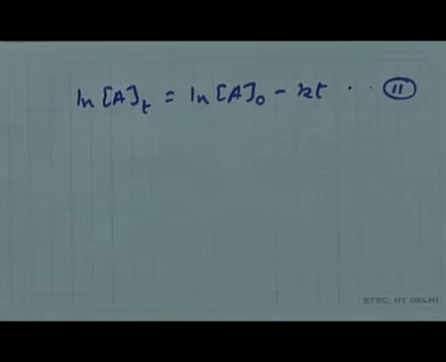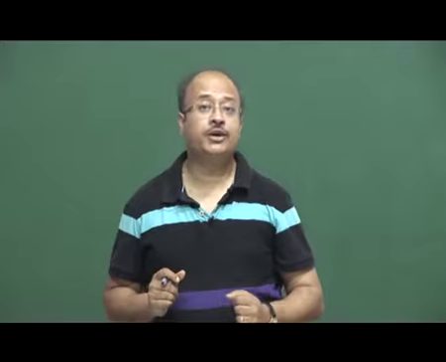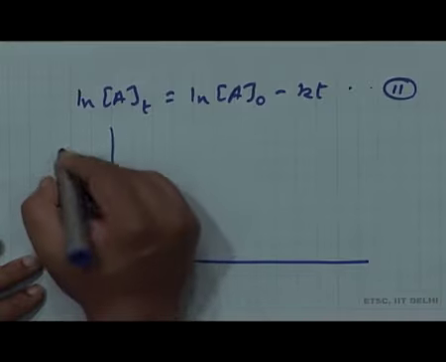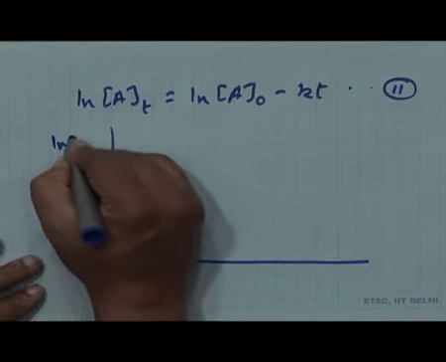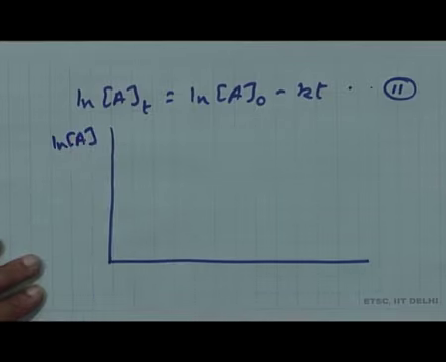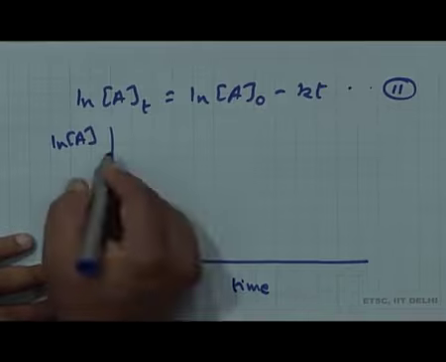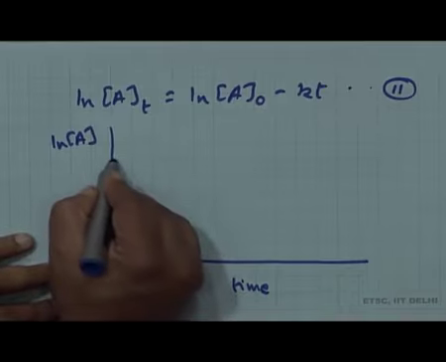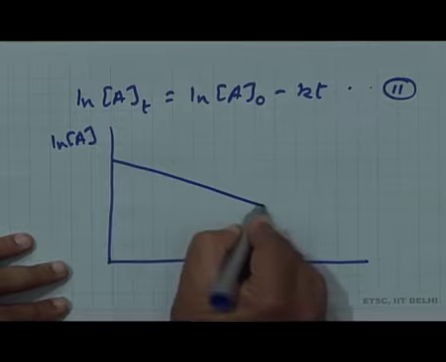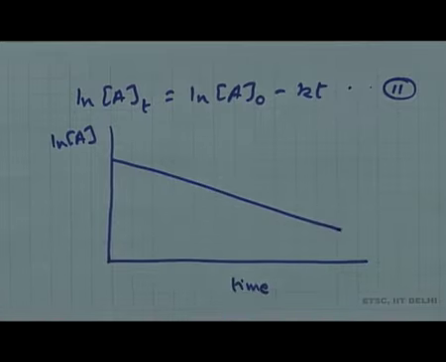What this immediately tells you is that this is the equation of a straight line. If I plot the natural log of my concentration on this axis, with time on the x axis, I will get a straight line. And from the straight line, what are you going to get?